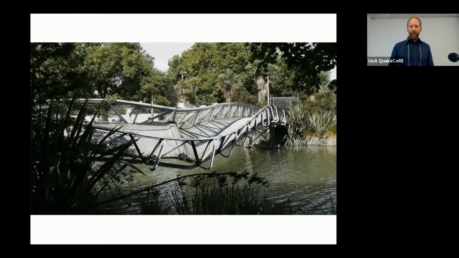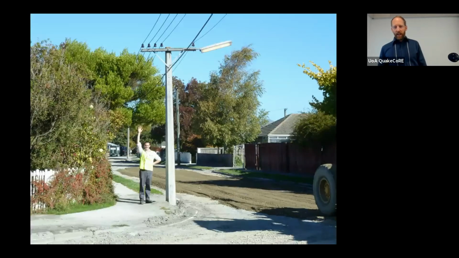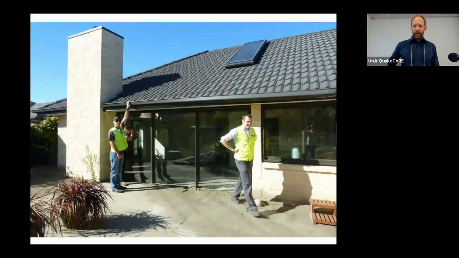Near rivers, streams, and estuary boundaries, the river banks and stream banks move in, and when you've got bridges crossing them that don't have enough resistance, they can end up buckling. Things like power poles sink into the ground. Houses perfectly undamaged from the shaking. Not one bit of shaking damage in that house, but it unfortunately completely sinks into the ground. Every time it rains now, that house fills up with water.